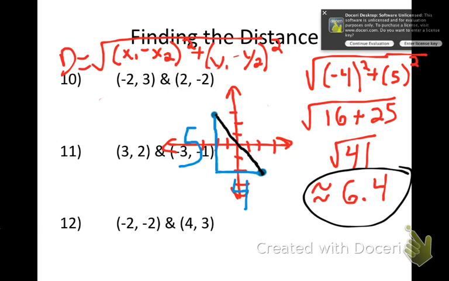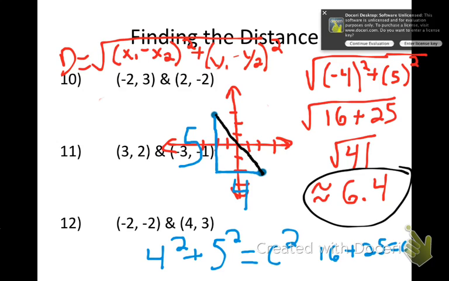Using the Pythagorean theorem, I plug my legs in. So 4 squared plus 5 squared equals c squared. 16 plus 25, I get 41 equals c squared.